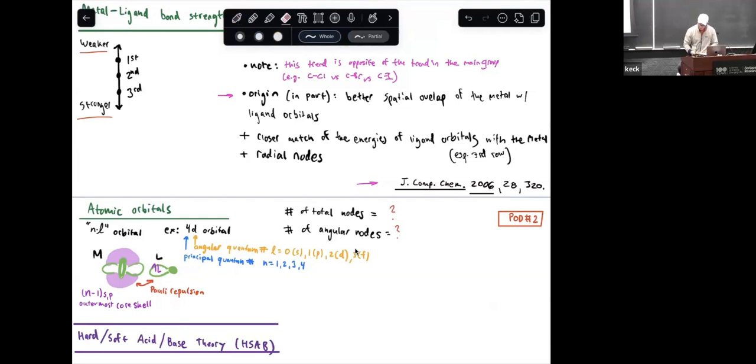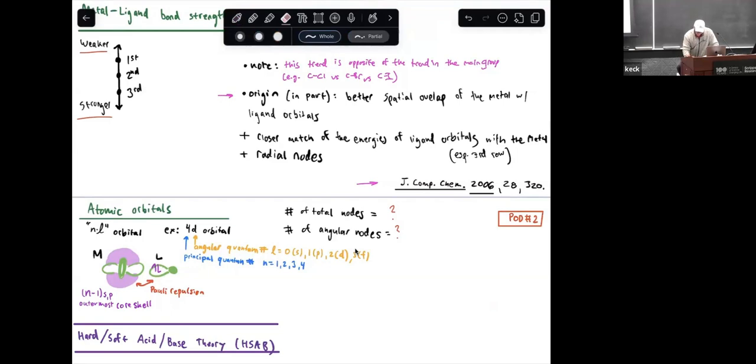Okay, so as our jumping off point into problem of the day number 2, let's consider these quantum numbers that are defined by the orbitals in question.